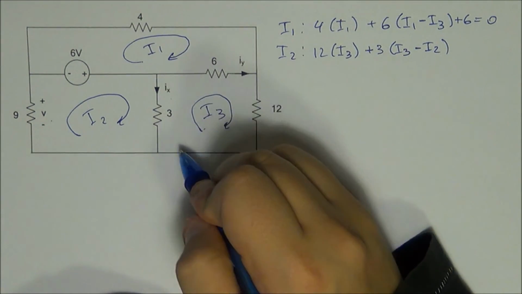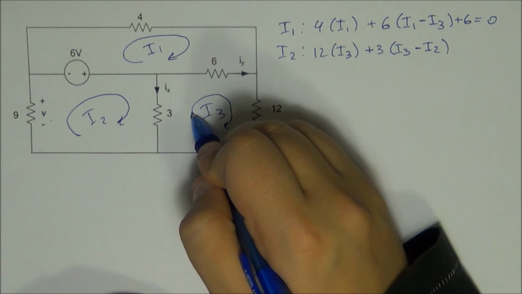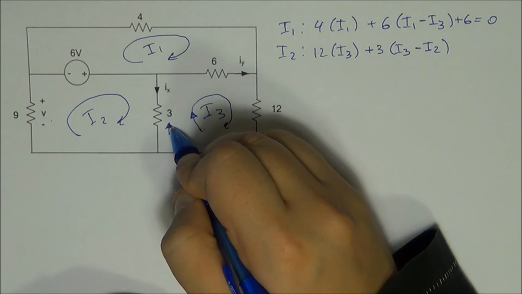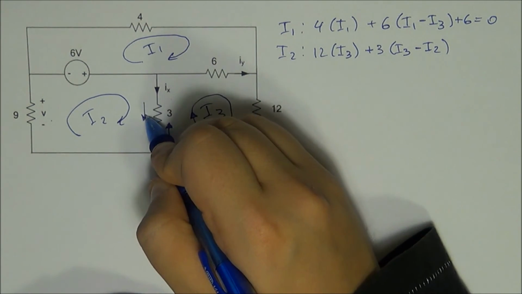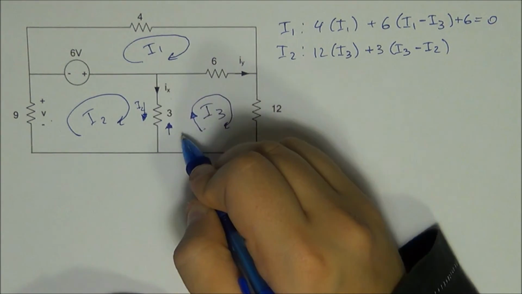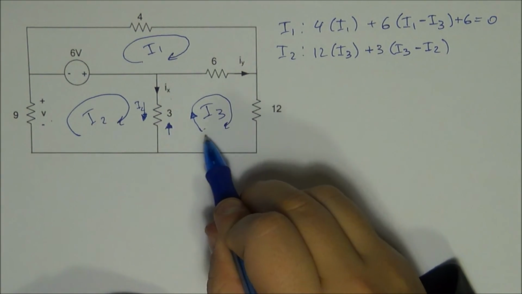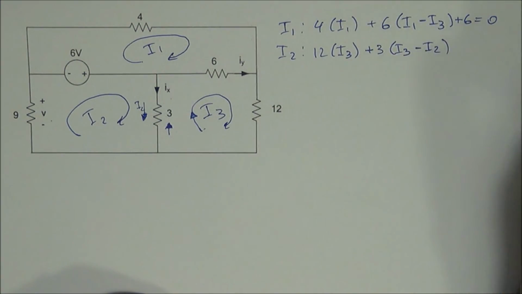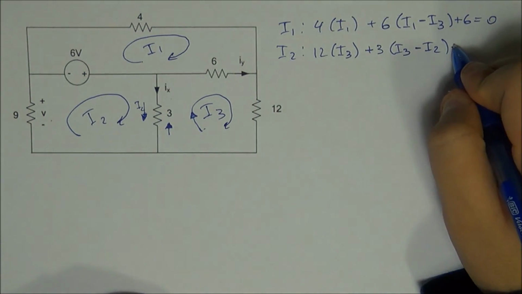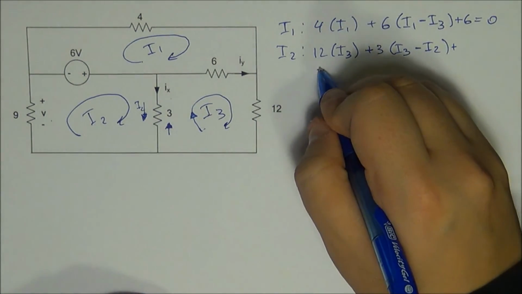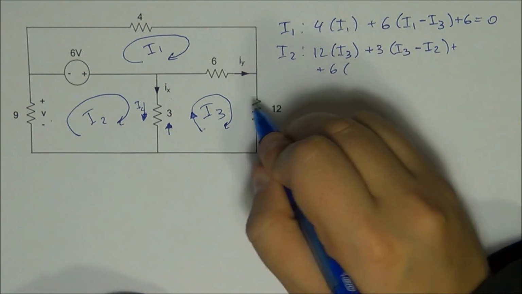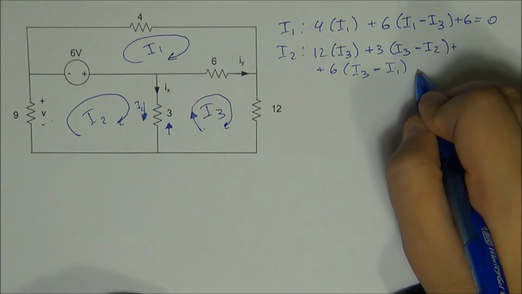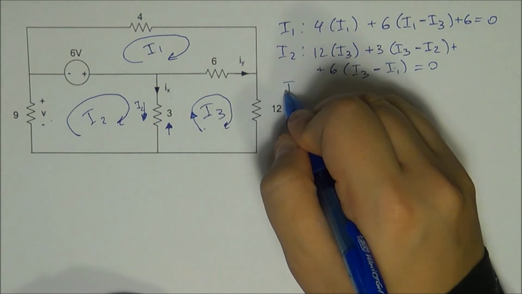Once again this is minus because the direction of I3 in this particular branch is this way, and the direction of I2 is this way, so in terms of I3 this is the positive direction, and in terms of I2 that's the negative. Plus the 6 ohm, and here we have I3 minus I1. All of this is equal to 0.